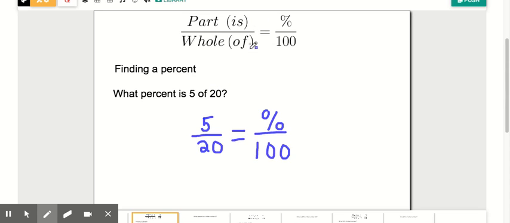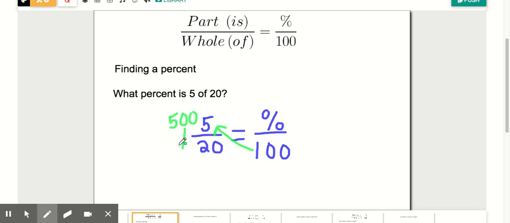Now I have to figure this out. Well, it's a proportion, so all I have to do is cross multiply. 100 times 5 is 500.